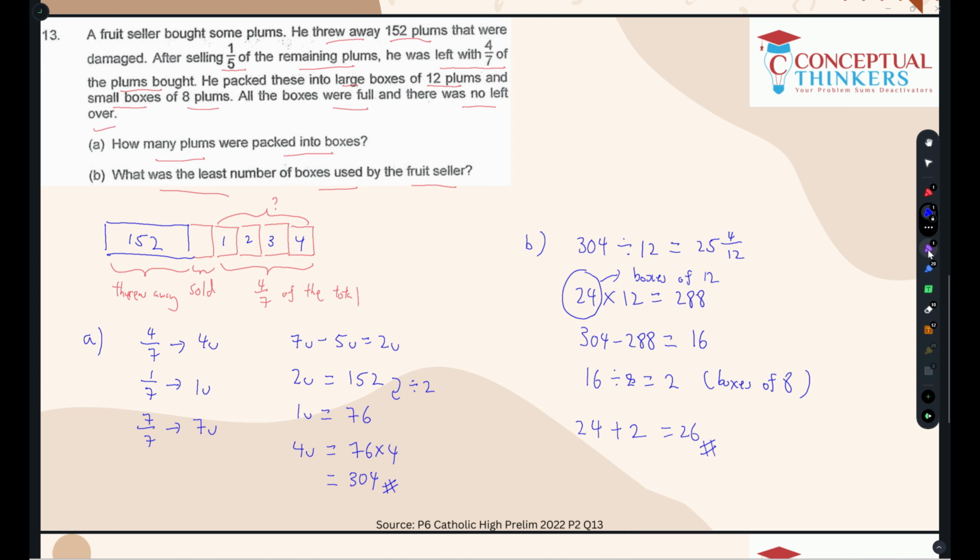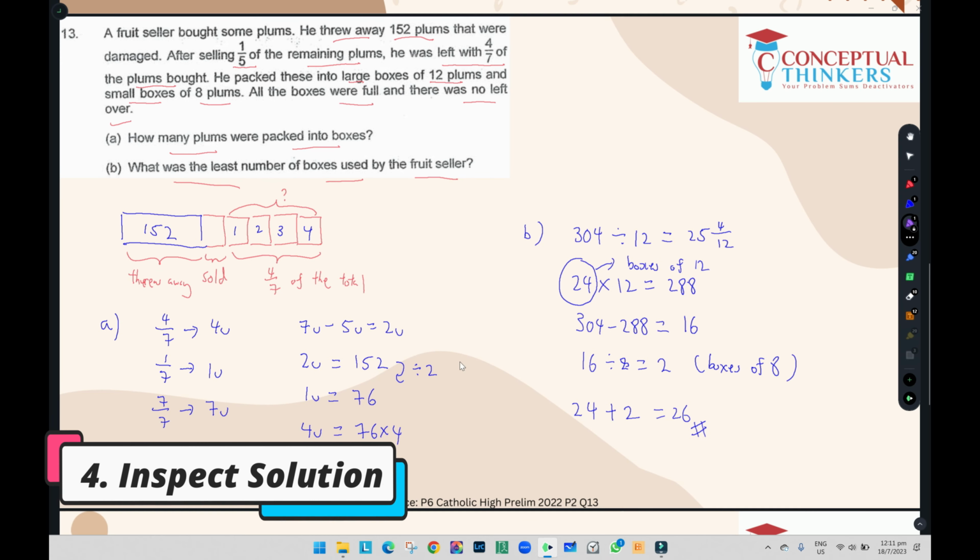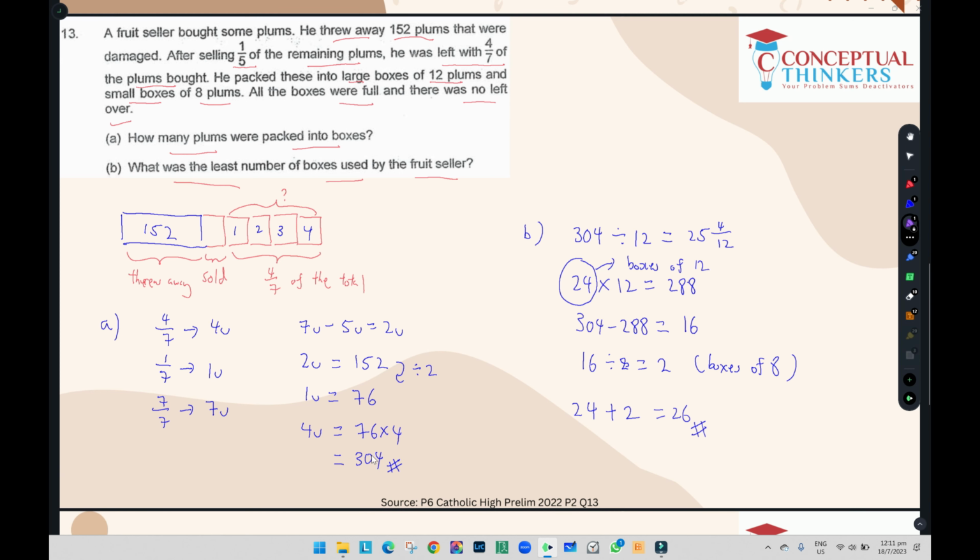So let's start to inspect and see whether our answer makes any sense. Okay, let's look at part A and do an inspection of the solution. Now, I do know that the answer will be 304, and this is actually pertaining to 4 over 7, right? So it's also pertaining to my 4 over 5.